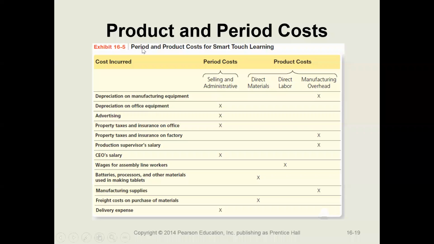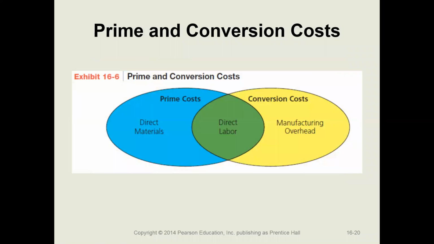Advertising is selling the product once it's already done. So that's a selling cost. That's why it's a period cost. Okay. Again, you'll see all the different kinds of costs, and I believe this is in your textbook as well.